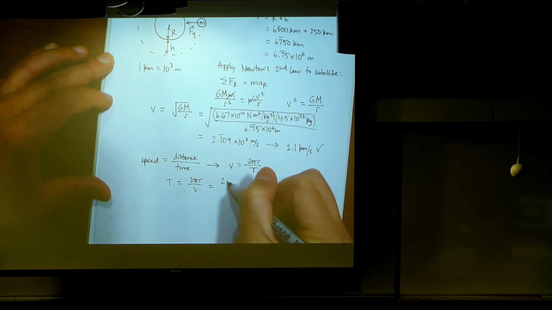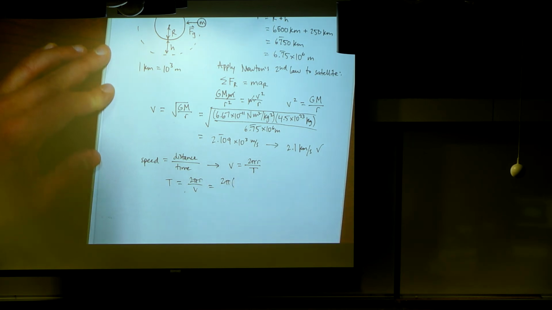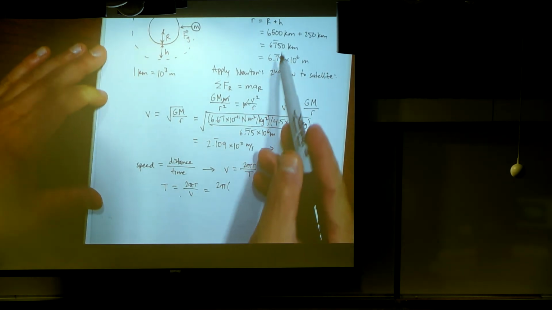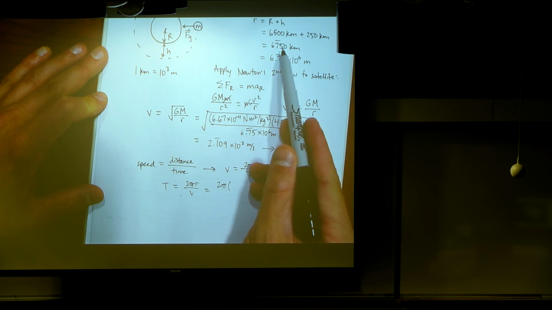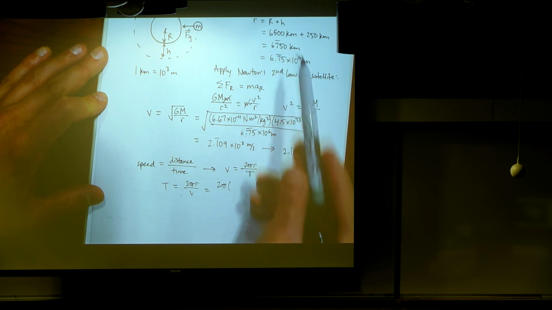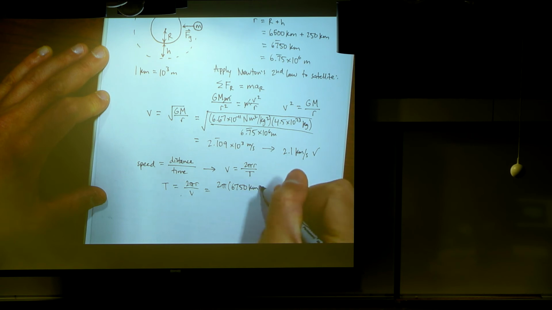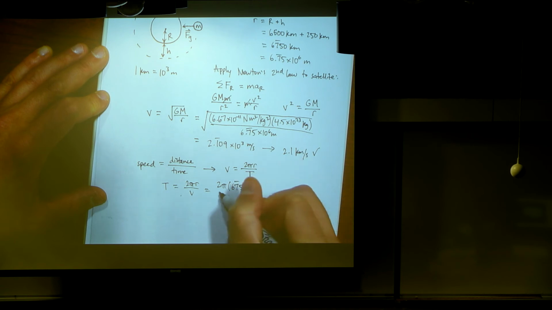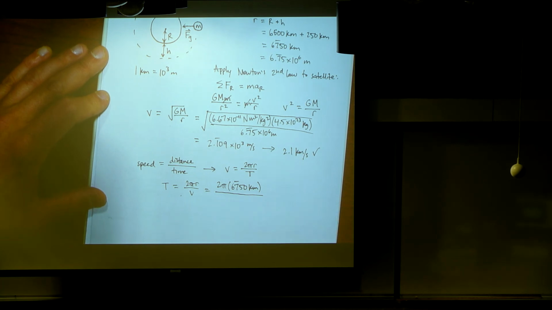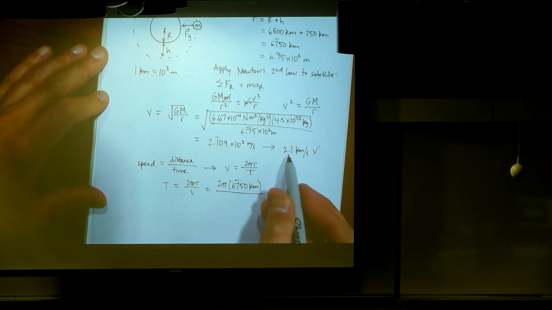So now we'll plug in what we know. 2 pi times the radius. The radius was, let's do it in kilometers, let's say it's 6,750 kilometers. Now to get unit consistency, I need v to be in kilometers per second, but we have that.